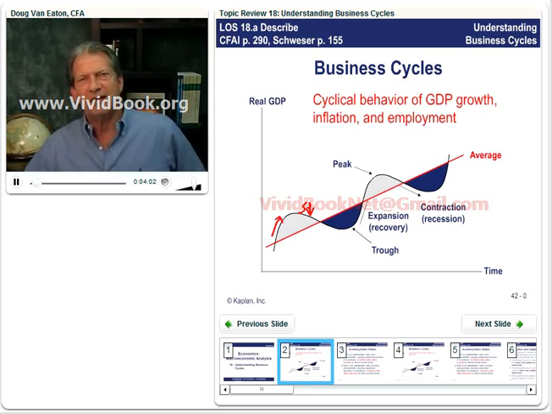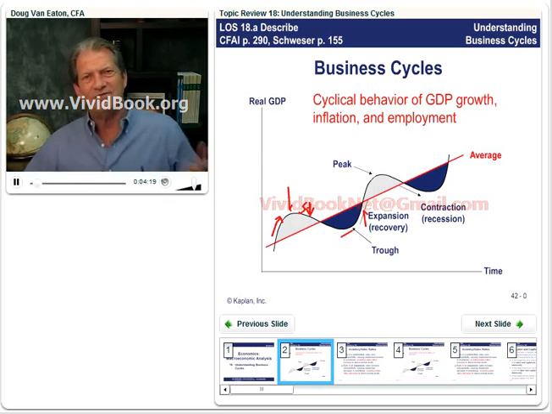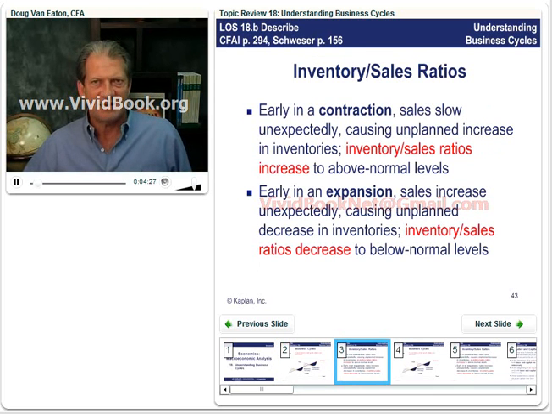We've been building up inventory, so these inventory to sales ratios are going to start to increase as we reach the peak and move into the contraction. And down here at the bottom at the trough, just the opposite effect. As sales pick up, inventories get drawn down, and this inventory to sales ratio falls as we move into the expansion.